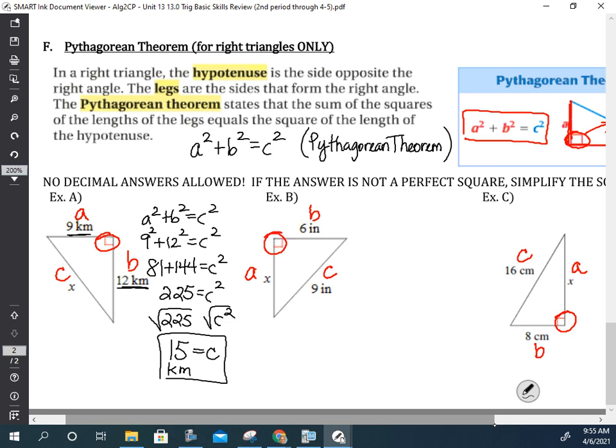All right, problem 2. For example B, we already labeled it. So a squared plus b squared equals c squared. That's x squared plus 6 squared equals 9 squared.